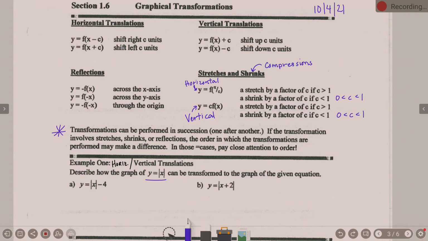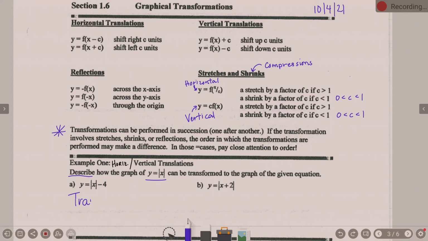And then, I don't know that you guys love seeing this, but in math, it says describe. So I'm looking for words here. Thoughts on A? The translation down 4 units. Yep. We know a translation down 4 units is what we said, and we know it goes down because it's adding or subtracting outside the absolute value, so at the end, and so it's going to go up or down the direction of the sign.